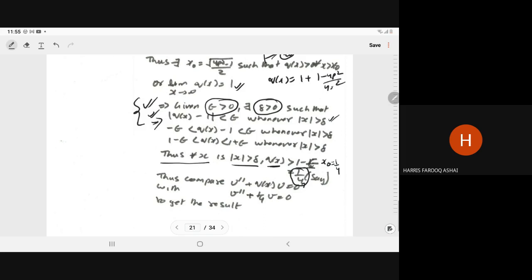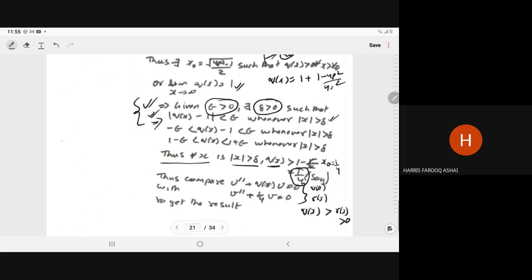So now we have the two equations: u'' + q(x)u = 0 and v'' + (1/4)v = 0. Here we have q(x) and r(x), and q(x) is greater than r(x) and greater than 0.